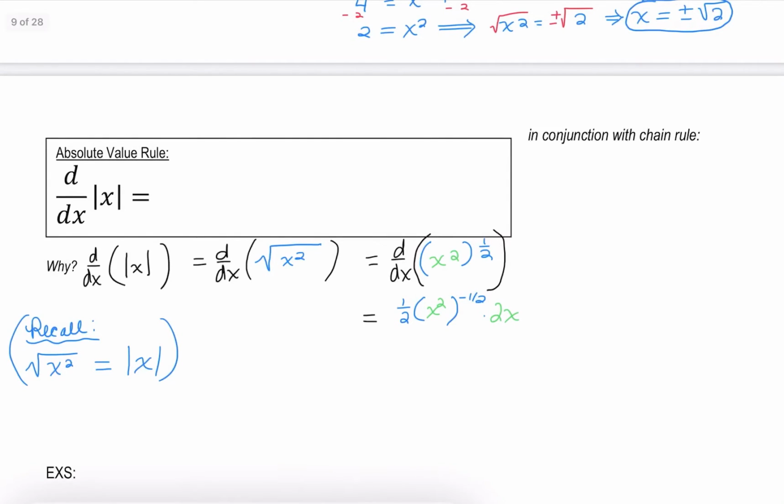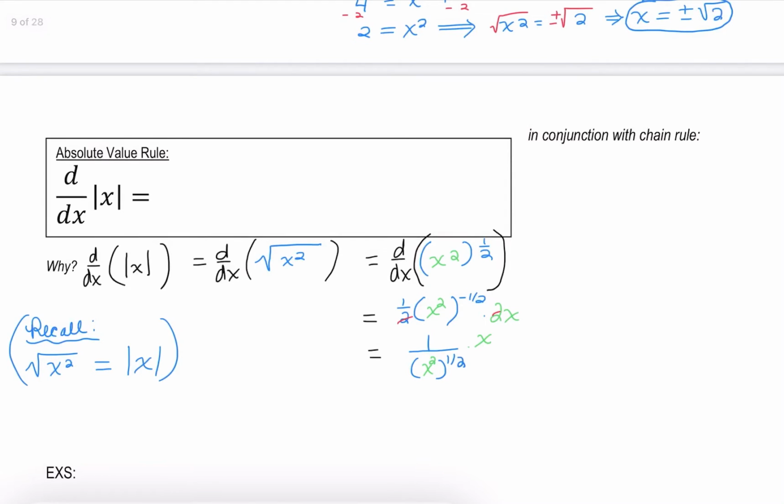So my 2's are going to reduce, and now in that first term, this quantity to the negative 1/2 can move into the denominator, where it would be to the positive 1/2. So I would now have 1 over x squared to the positive 1/2, and this is still times this x, which will slide up in the numerator.